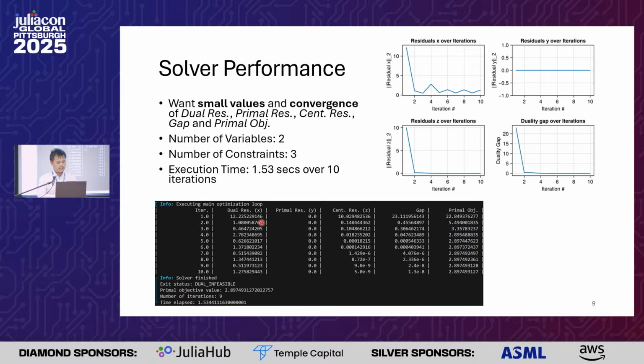For these three columns, you want all of them to come down to 0, and that's what we see here. And this gap, we want to get to 0 as well. By having all of these at 0, we satisfy the optimality conditions, and that allows us to be confident that we are at an optimal point and one that is feasible.